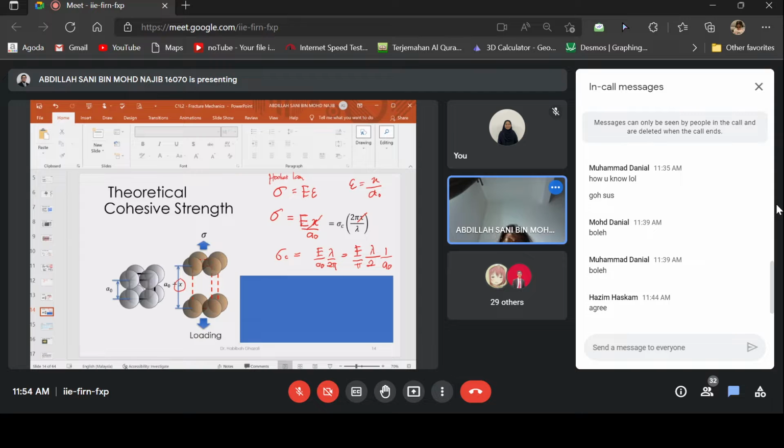So this is what we have so far. I'm just rearranging them.